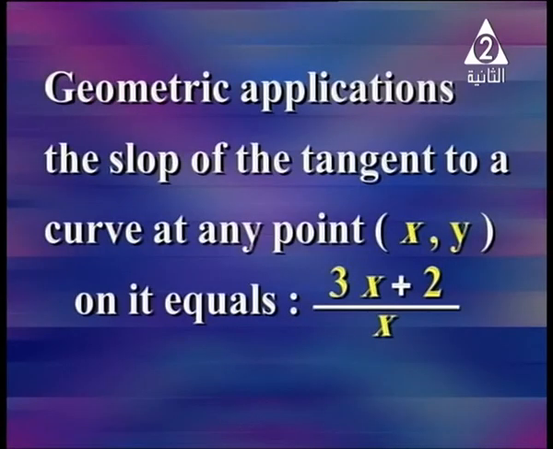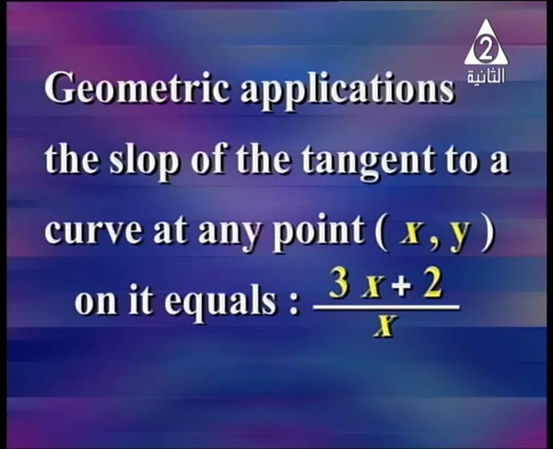Geometric application. In this example, the slope of the tangent to the curve at any point (x, y), dy over dx, equals 3x plus 2 over x. Remember, we can use integration in geometric applications.